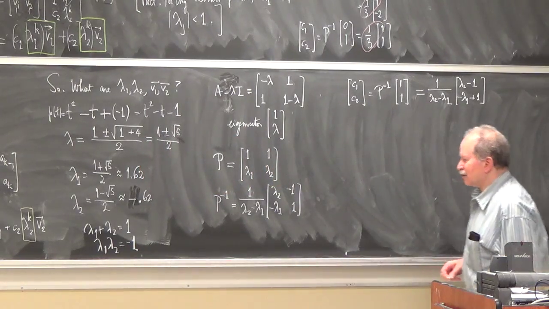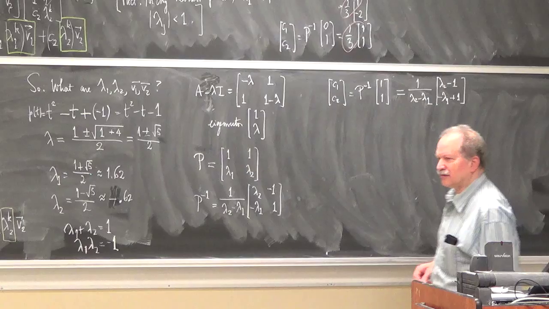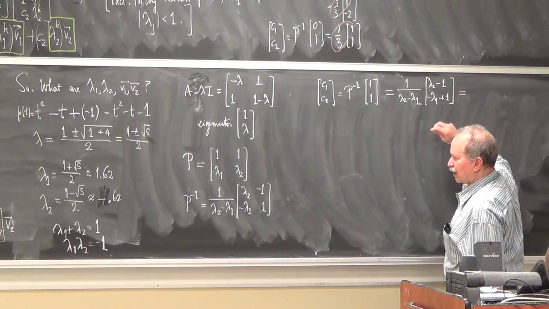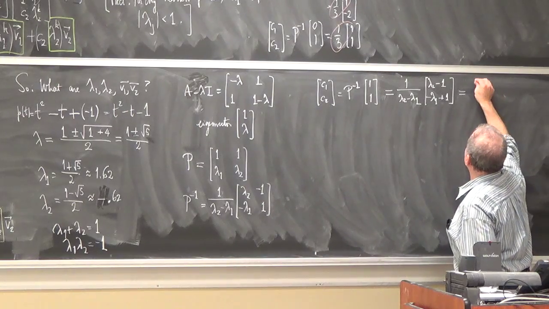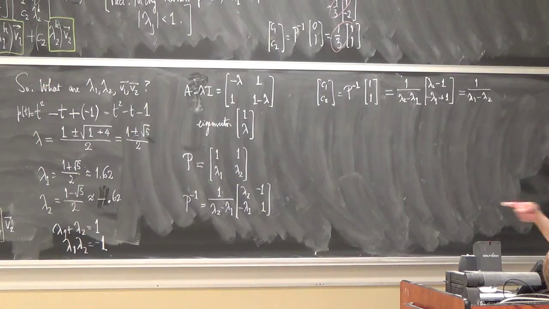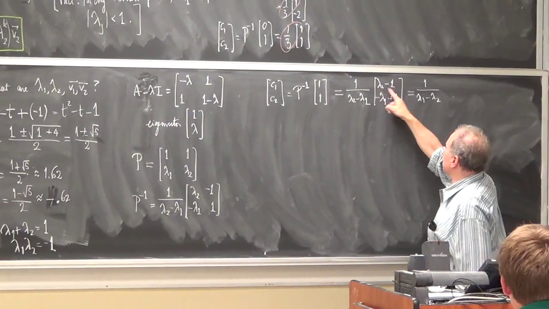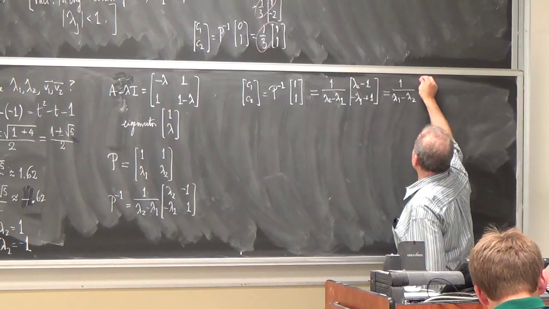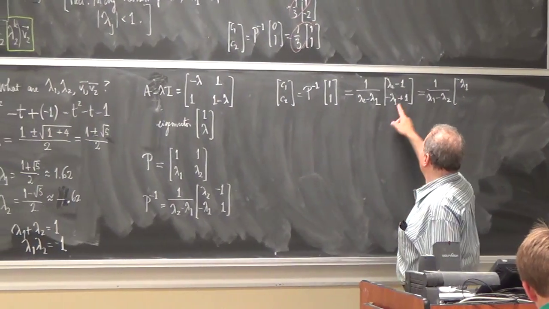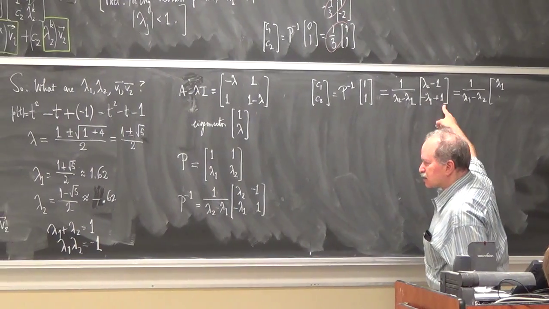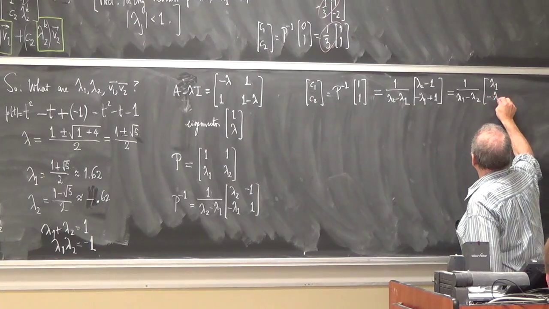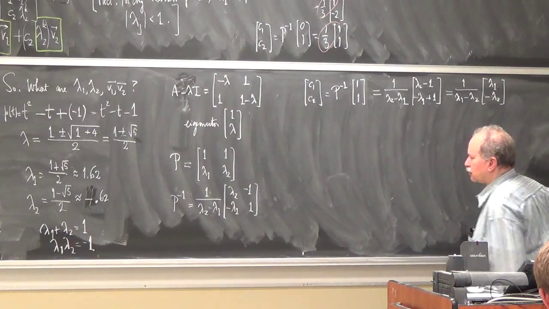So lambda 2 minus 1 is negative lambda 1. If I factor negative 1 out, I would put a negative here, and I would have 1 minus lambda 2, and that's lambda 1. And I would have lambda 1 minus 1, and that would be negative lambda 2 here. Did I do that correctly?